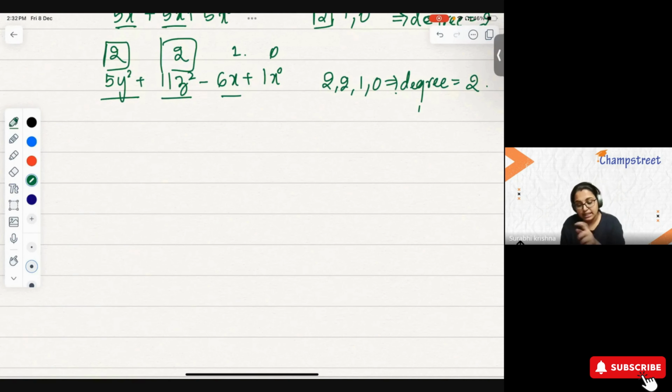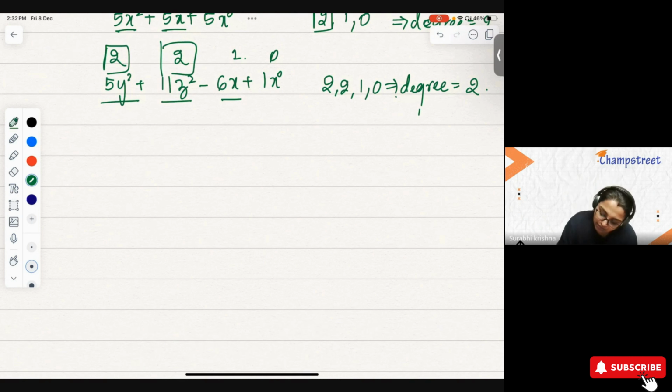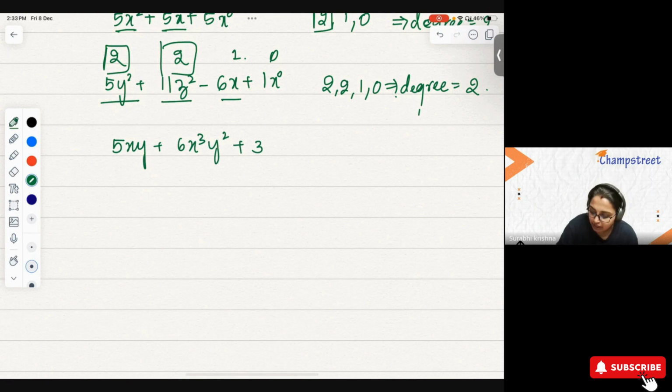Now, till now we saw each term contained only one variable. The power of the variable was varying, but each term contained one variable, right? So what happens if we have more than one variable in one term? Then we'll have 5xy plus 6x cube y square plus 3xy square minus x power 4 into y power 4.